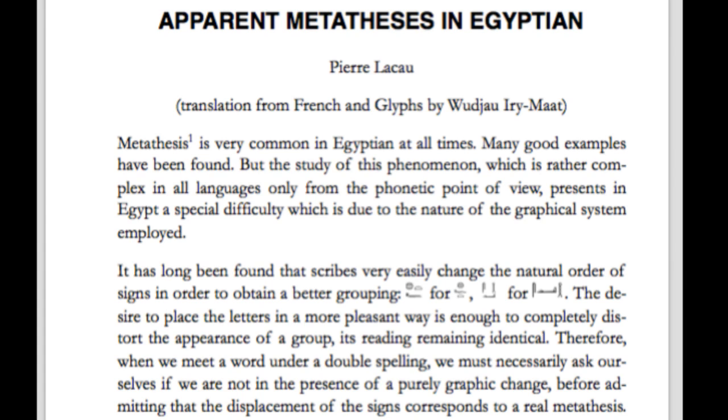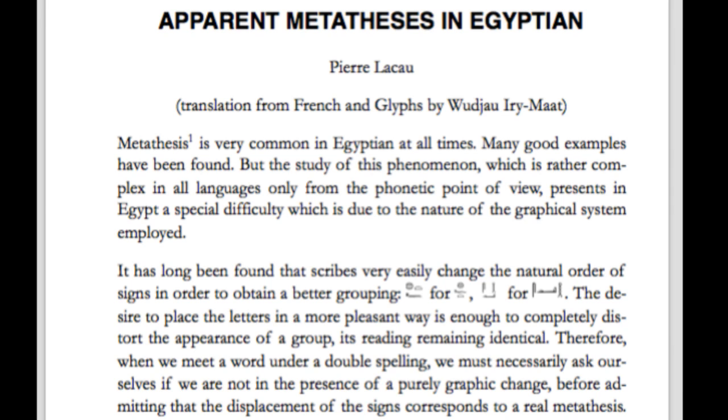When we say graphic transposition, we're talking about something written, characters or graphs that have moved, not sounds. So this is no longer called metathesis. And so what this author does is that he calls it apparent metathesis, not the sonic metathesis.